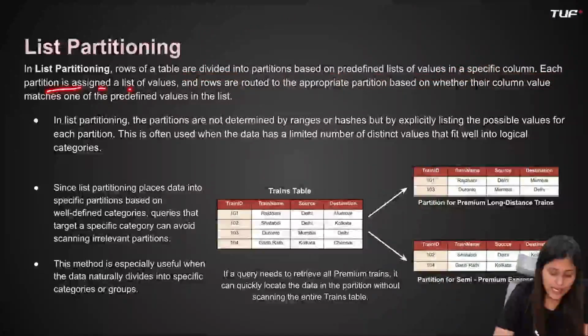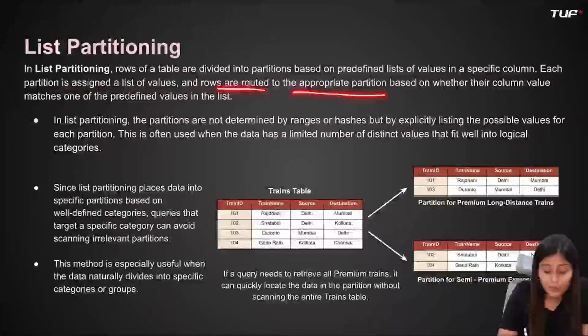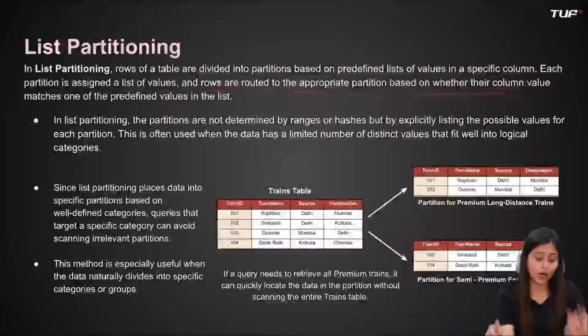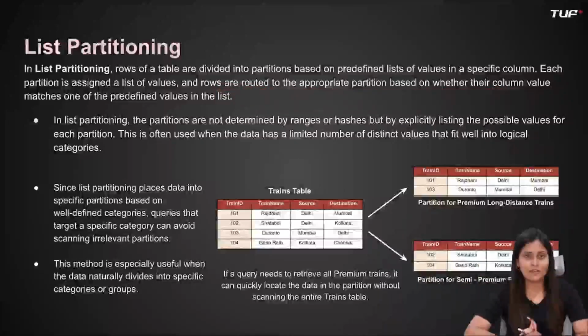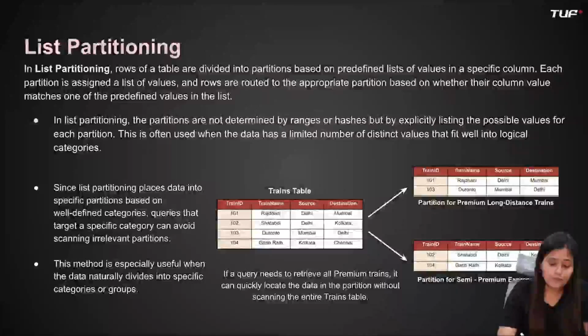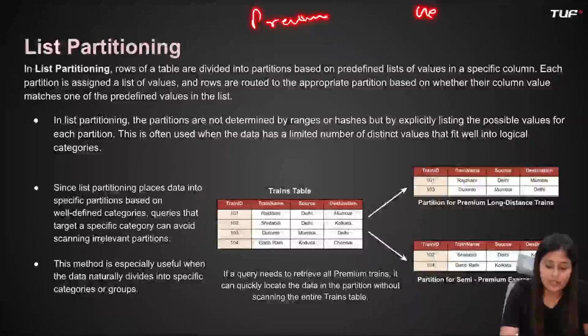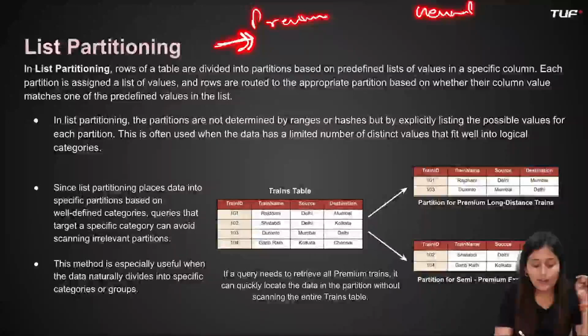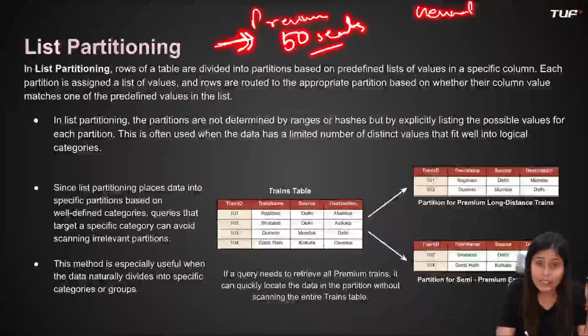Each partition is assigned a list of values, and our rows are routed to the appropriate partitions based on whether the column value matches one of the predefined values or not. So let's suppose we have a premium train and a general train, right? The premium train says that if one bogie has 50 seats, then it is a premium train.